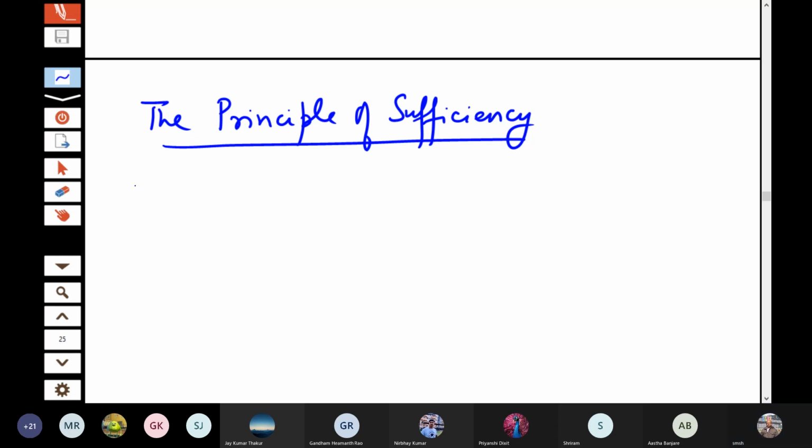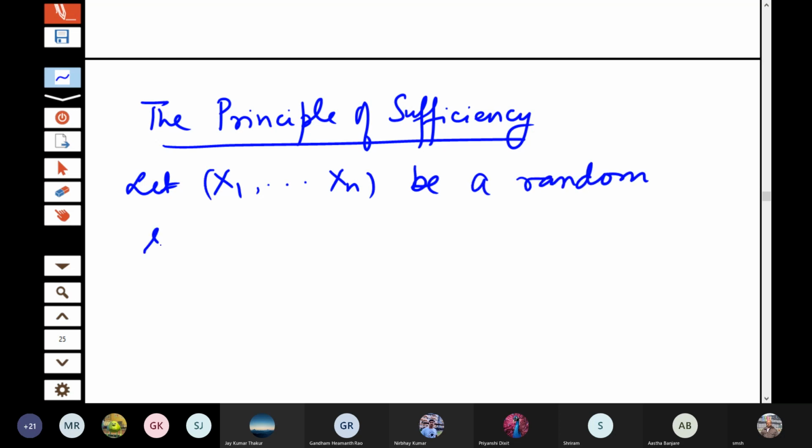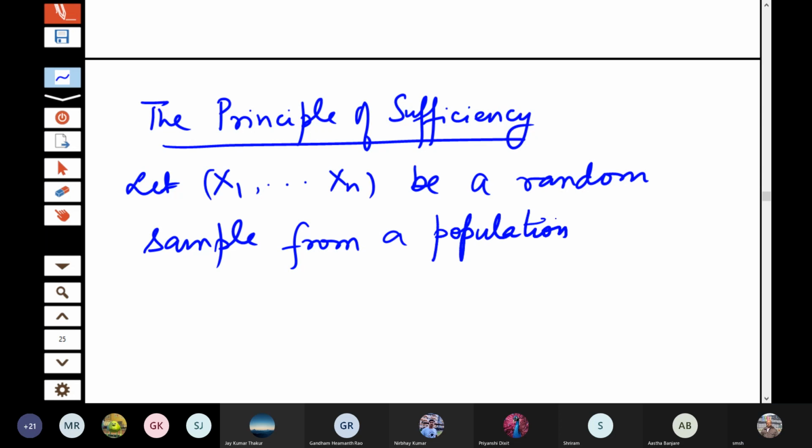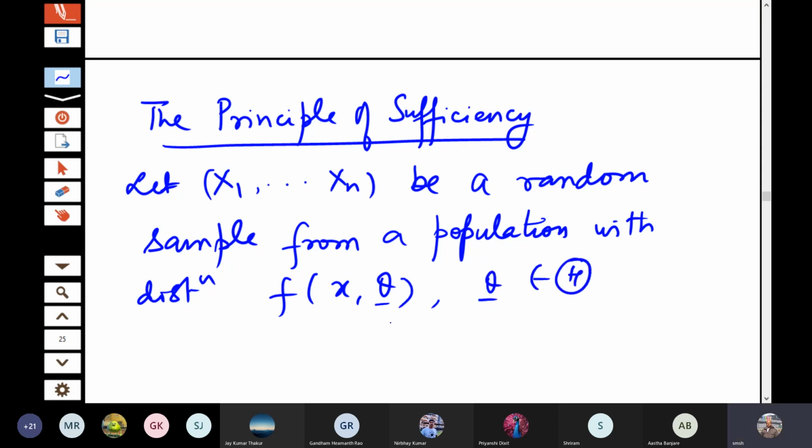Let x1, x2, ..., xn be a random sample from a population with distribution f(x, theta). This could be your PDF or PMF, it could be either.